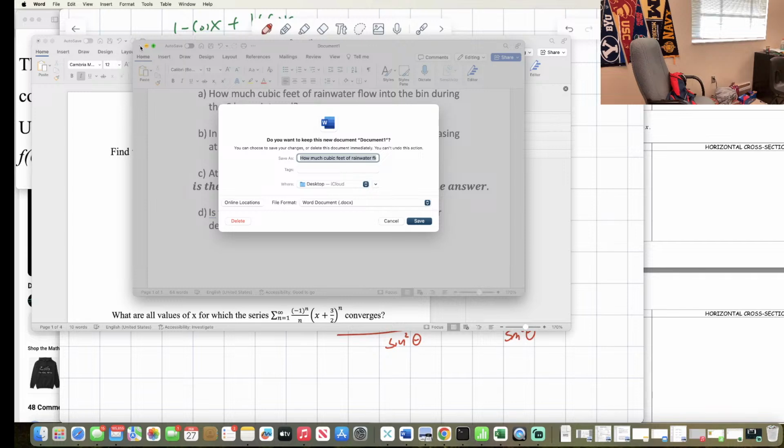You have to make sure you do 2 separate integrals. Why? Because there's top and bottom, and the bottom is different between here and here. In this case, the bottom is equal to x minus 2. But you also need to find this x-intercept because that's where the cutoff is. Yesterday I accidentally did this as 1, but this should be 2. That's why your cutoff should be 2.